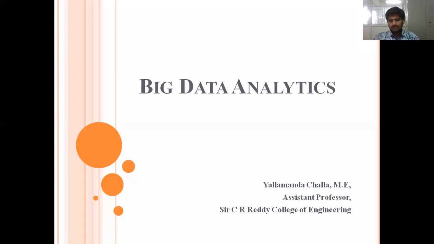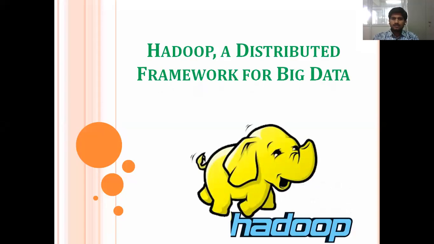What is this fourth unit? This is the fourth unit: Hadoop, a distributed framework for big data. We know the meaning of distributed. We already know about the Hadoop distributed file system and how it is different from a distributed file system. So what is a distributed file system?